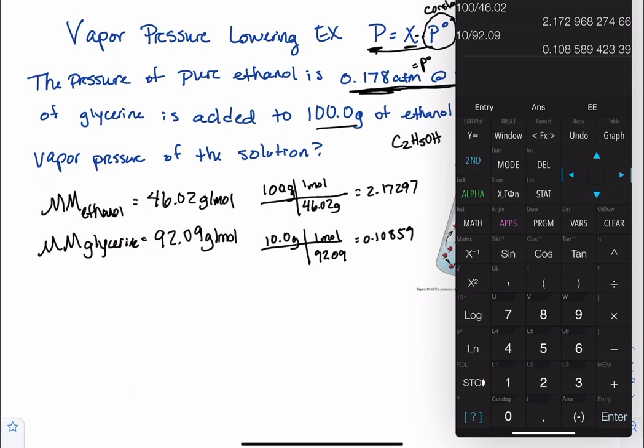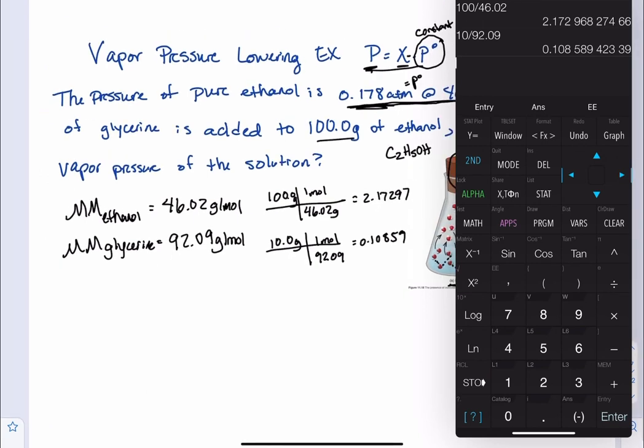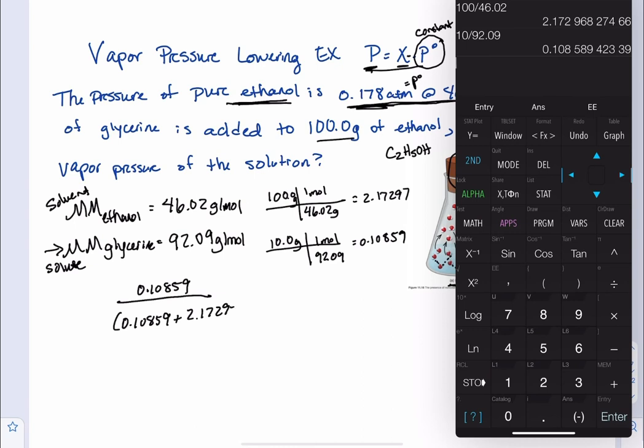So remember, we have to do the vapor pressure of the solution. This is the solute. If you read the question, the ethanol is the solvent. So it's the pressure that the solvent generates as it moves across. So I just need to say 0.10859 over parentheses 0.10859 plus 2.17297.